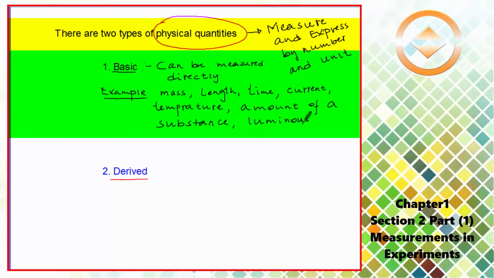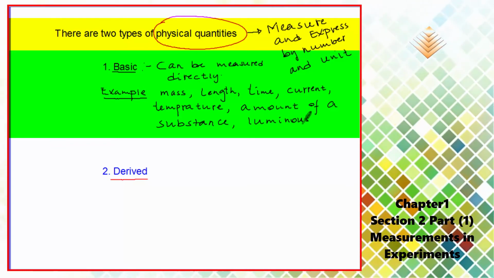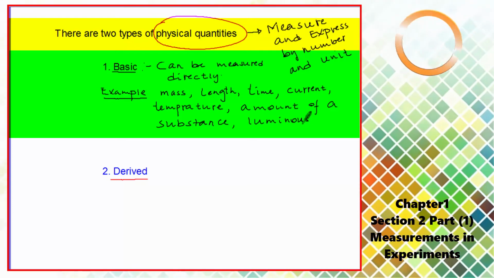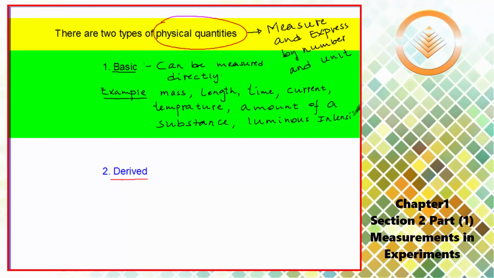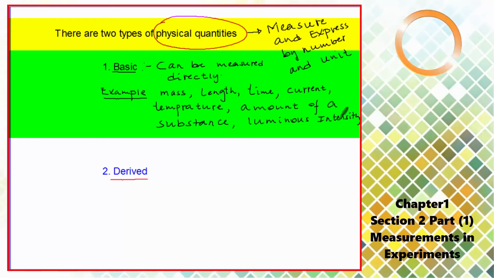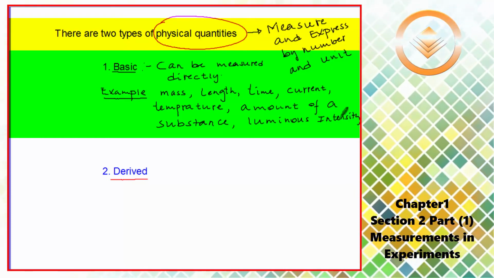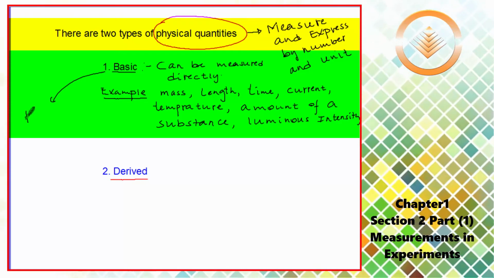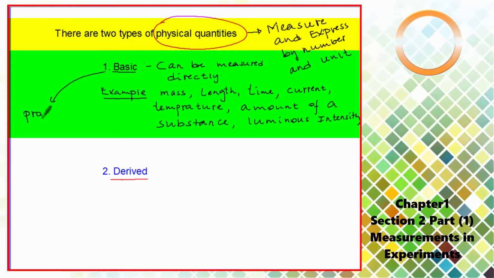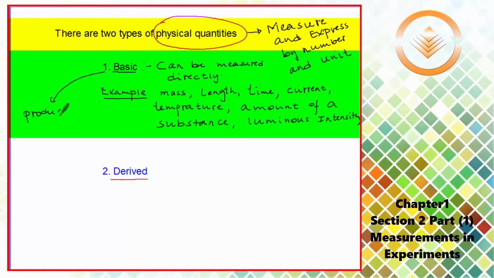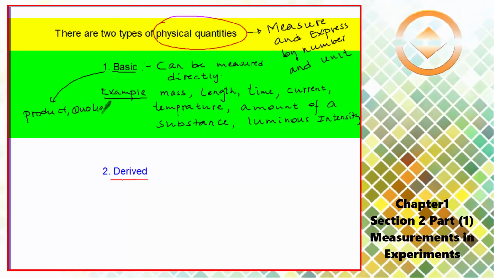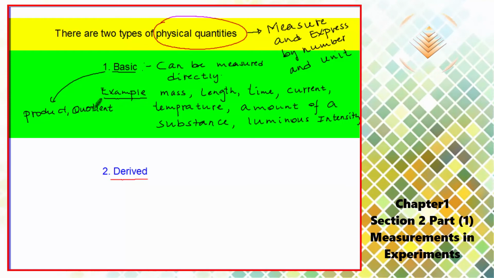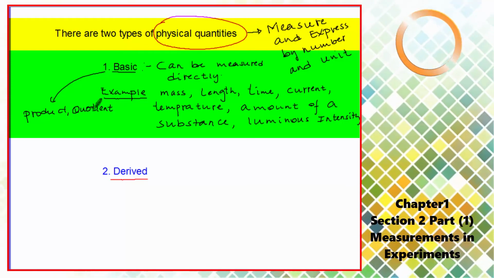These are the 7 basic physical quantities. The remaining other quantities are derived physical quantities. We call them basic because the remaining other quantities are expressed as the product or quotient of these 7 physical quantities. That's why we call them basic physical quantities.